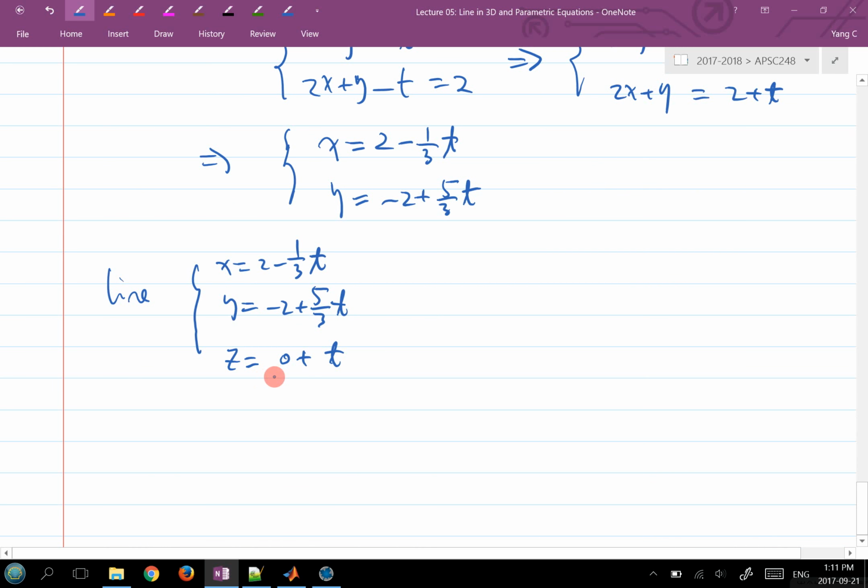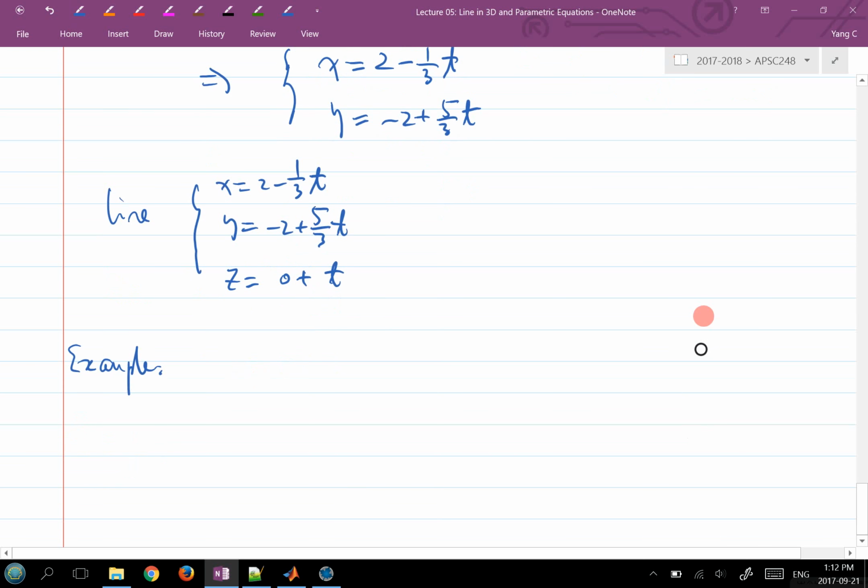Does that make sense? Any questions so far? Good. So let's take more examples and show you how we parameterize different kinds of equations.